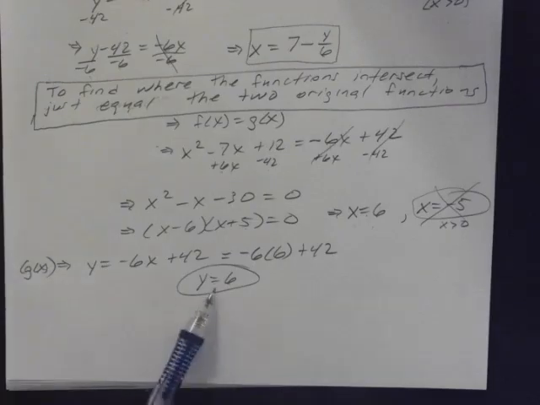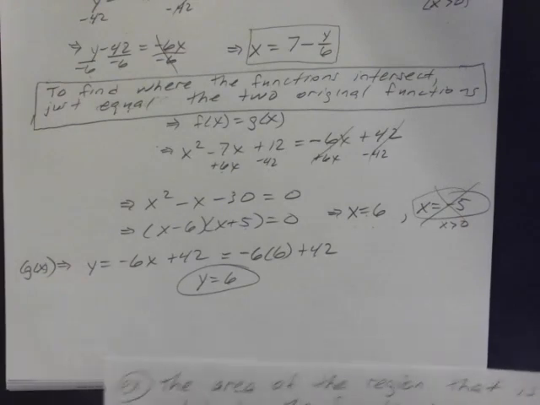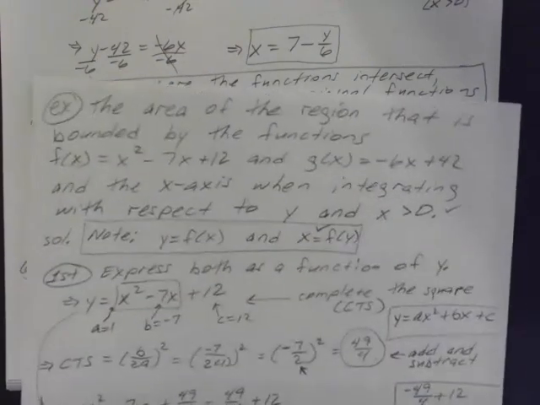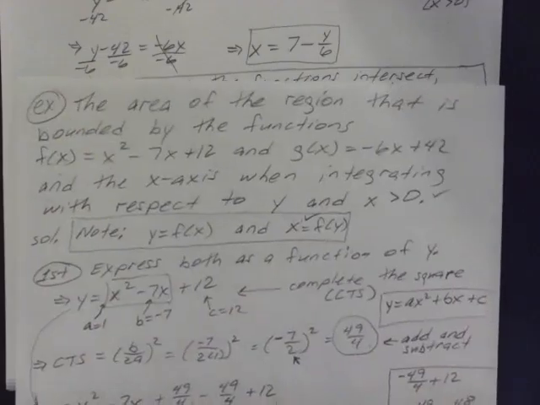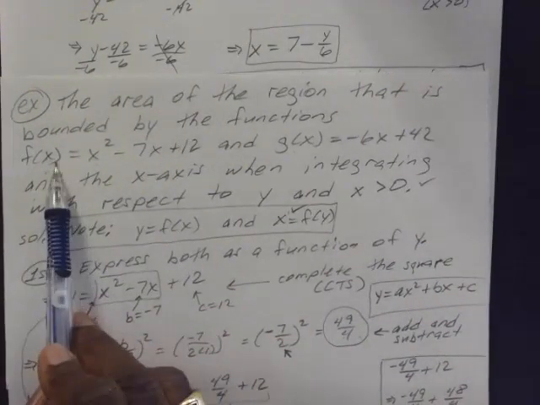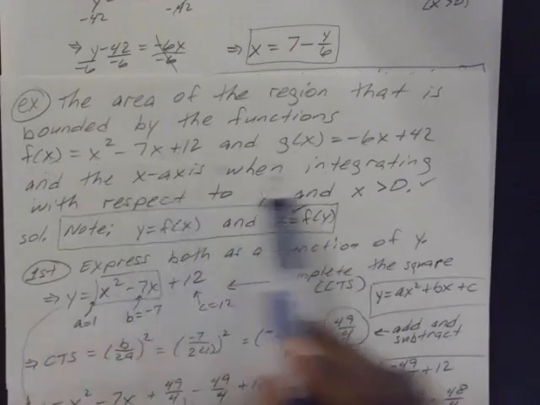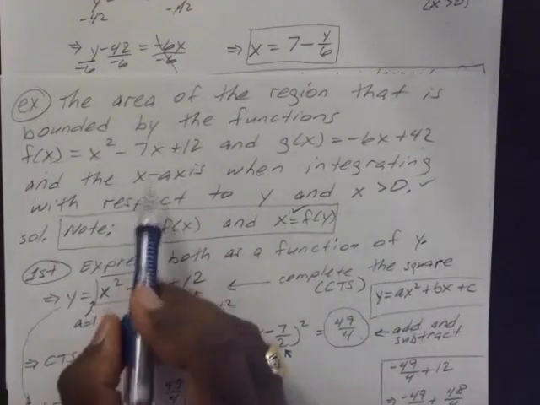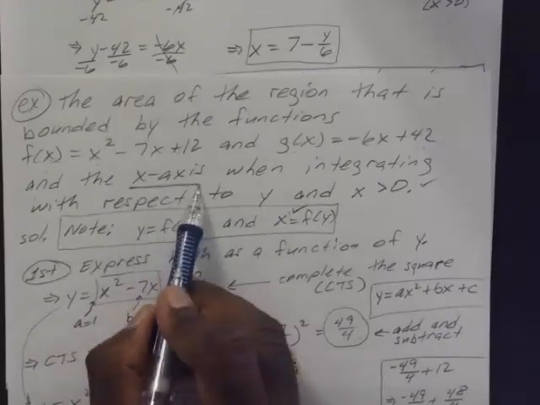So we found one of our bounds. We don't know if it's the upper or lower just yet, but we found one of them. And we don't really have to find the other one, only because they told us right at the very beginning that it's bounded by the function f of x, g of x, and the x-axis.